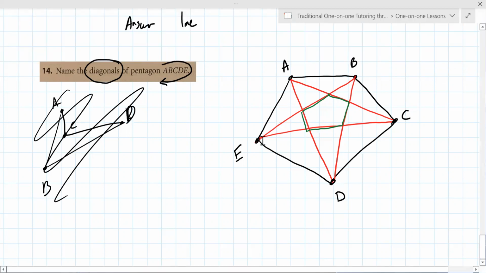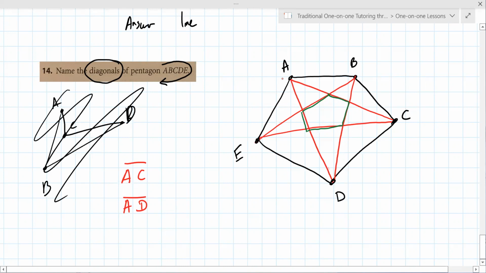Okay. Now, are these red things lines or line segments? Those are line segments. So if we label them in some reasonable order, it's AC and then AD. And then AE? AE is not a diagonal because they're adjacent.